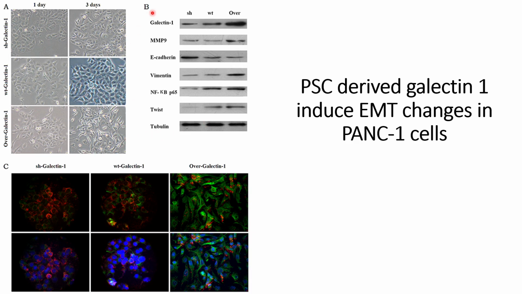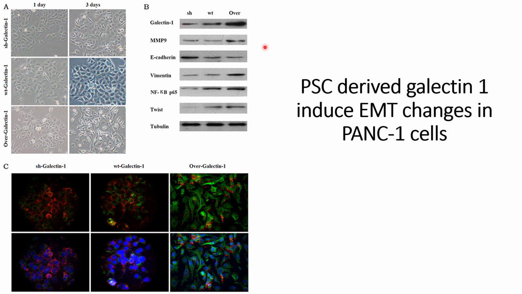Next they did Western blot analysis to check the markers for EMT, and at the same time they also checked the prominent signaling pathway that triggers this EMT, that is NF-kappa B P65. For the markers of epithelial behavior they used E-cadherin, and for the markers of mesenchymal behavior they used Vimentin, and simultaneously they also checked MMP9 expression.